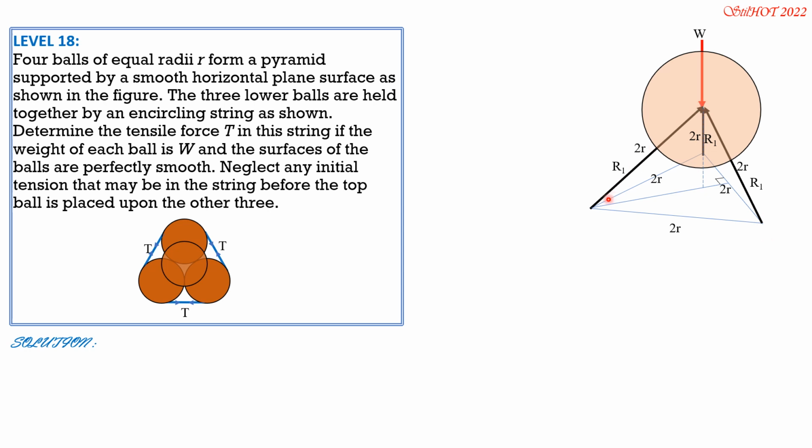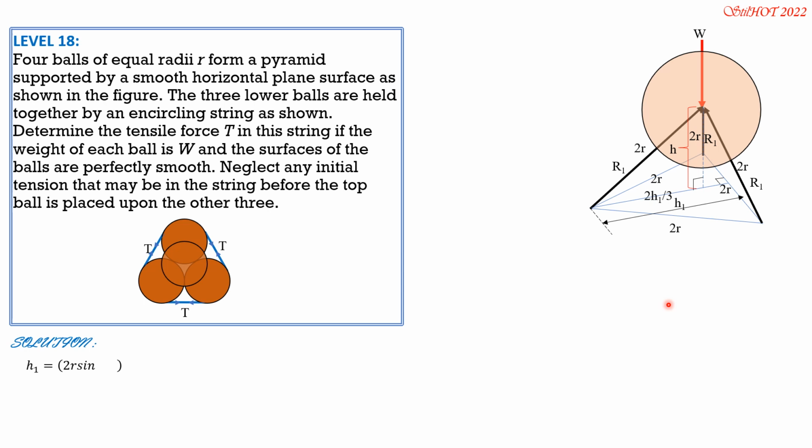The reactions between the lower three spheres and the upper sphere are the same, R1, by symmetry. So call that h1. h1 is either 2r sine 60 or square root of quantity 2r squared minus r squared. And that's also perpendicular. To compute that height, this is 2/3 of h1 from vertex to centroid, the foot of this perpendicular, and that is h.